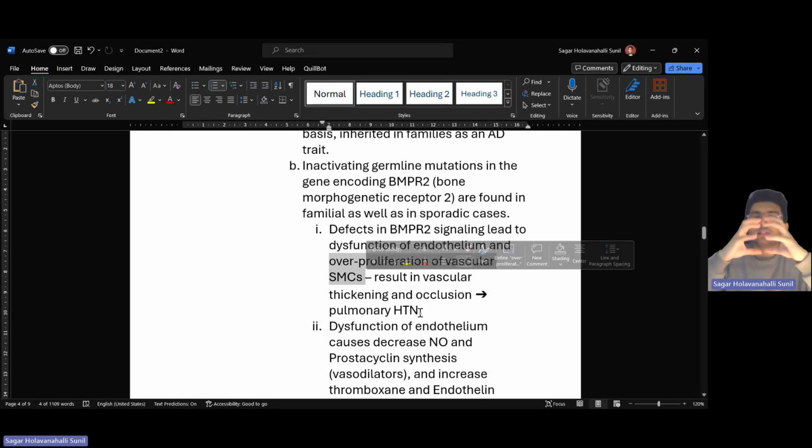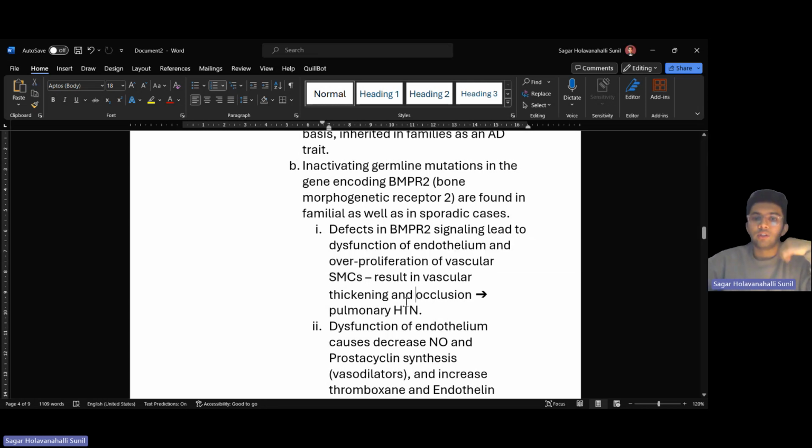And remember, smooth muscle cells are surrounding the pulmonary vasculature. If they increase in size and in number, it's going to decrease the diameter of the vasculature, and that's going to cause occlusion. Not only vasculature thickening, but also occlusion. And again, that's going to cause pulmonary hypertension.